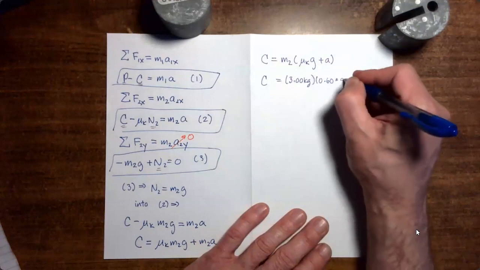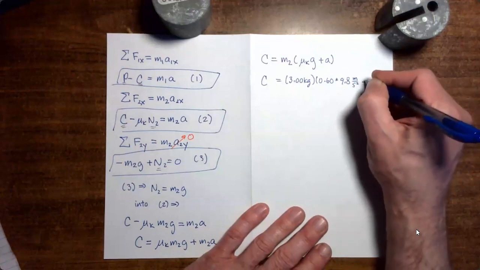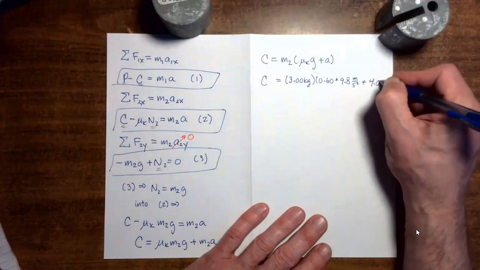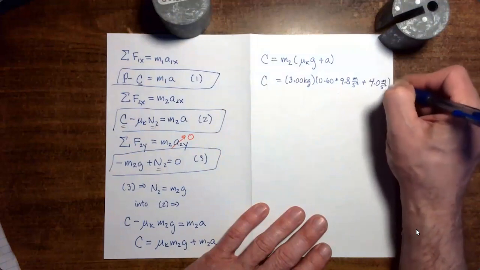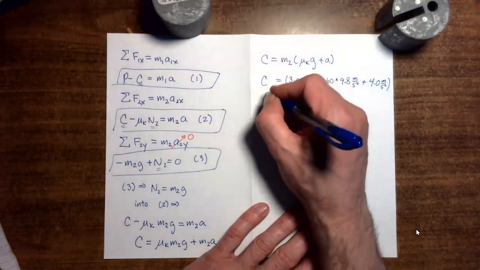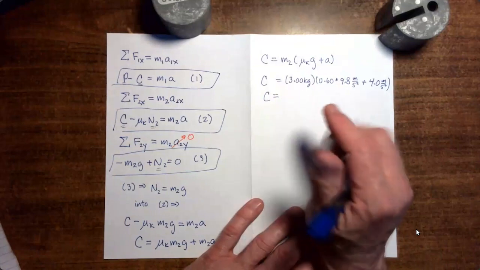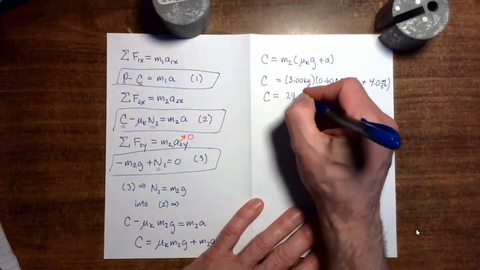G, 9.8 meters per second squared. The acceleration was 4 meters per second squared. So put that in your calculator, and your calculator will probably spit out 29.6.